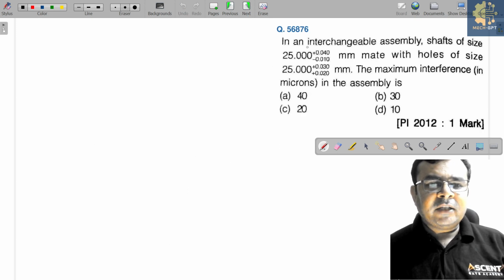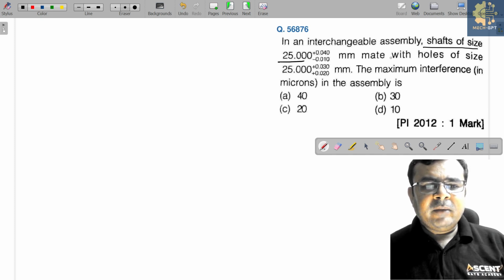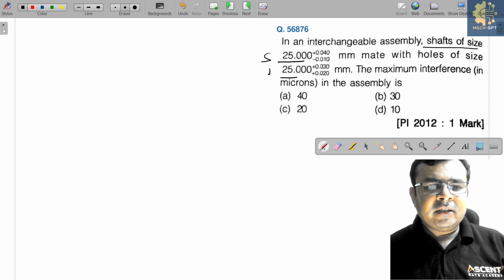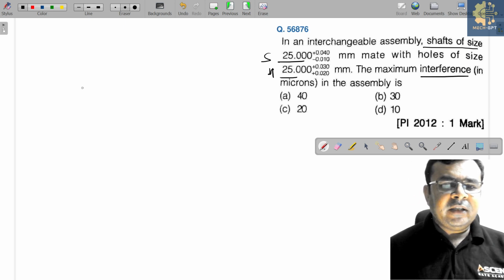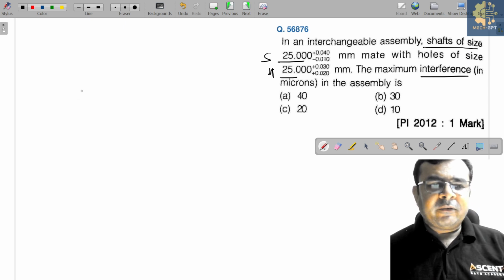Okay, so next question you can see, in an interchangeable assembly, a shaft of this size is made to mate with a hole of this size. This is the shaft and this is the hole. Here we need to calculate the maximum interference.